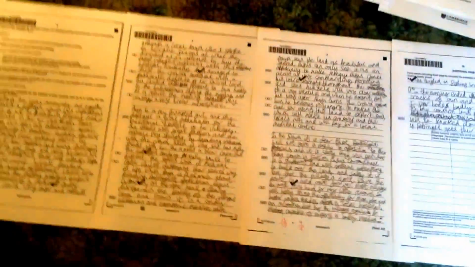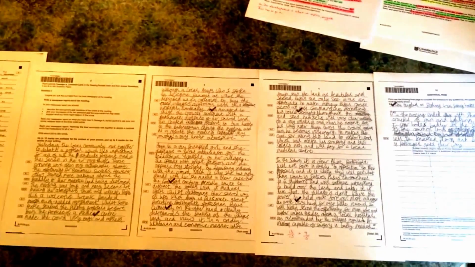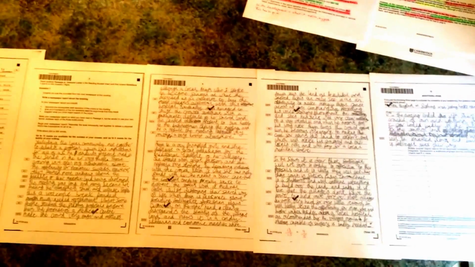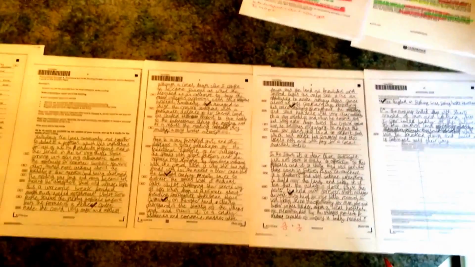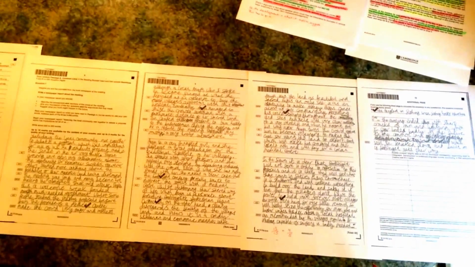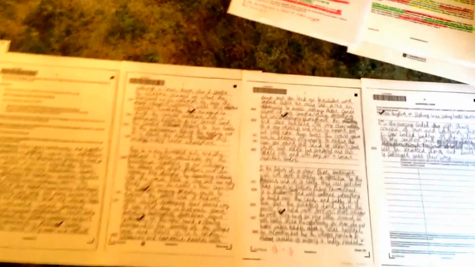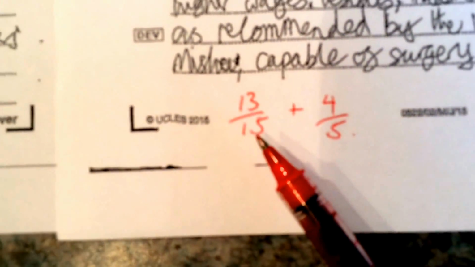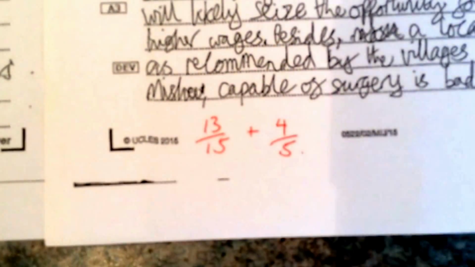Now I'm going to show you another candidate who, in terms of performance as an English student, was far, far better. This is a student who ought to be able to get to Oxford and Cambridge if he so chooses. But you'll notice that he's got a lower mark. He's got exactly the same mark for these bullet points that I've been talking about here.